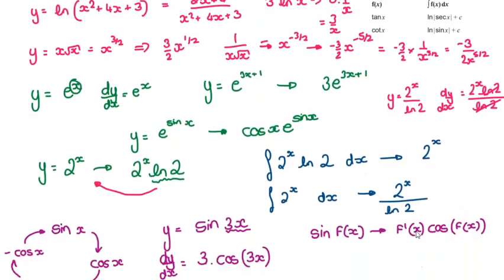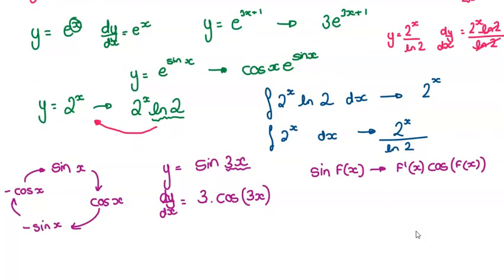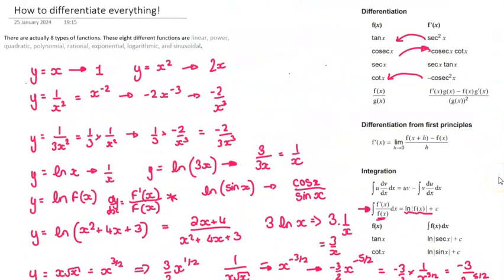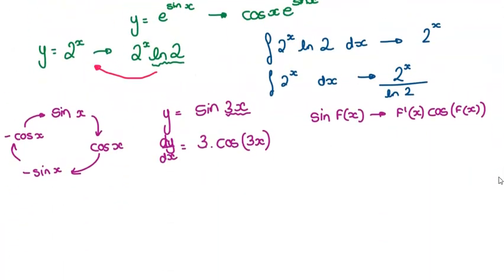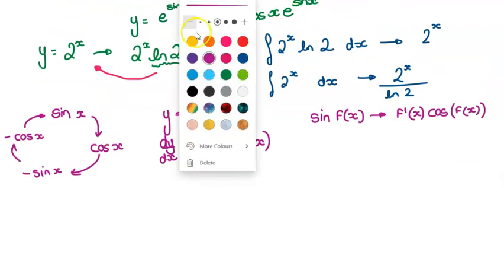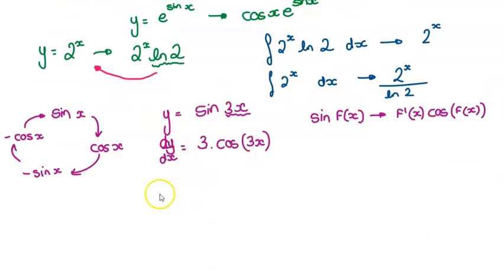So watch out for those. That's pretty much all of differentiation, I think. Have I missed anything? If I have, give me a shout and we'll see what we can do. Differentiation from first principles, make sure you can do it. Might come up, you never know.